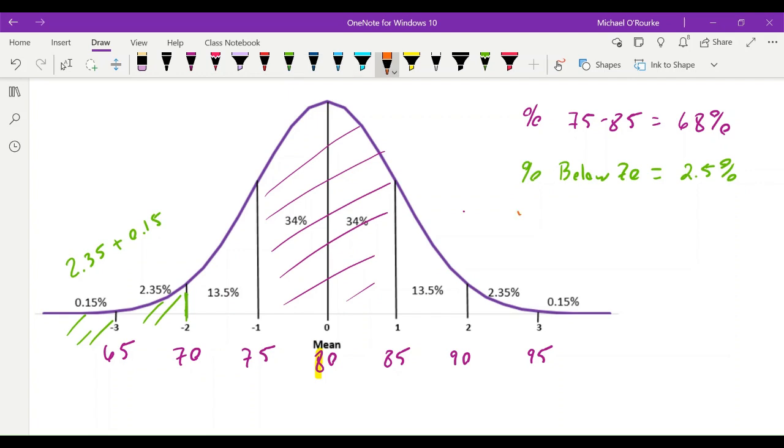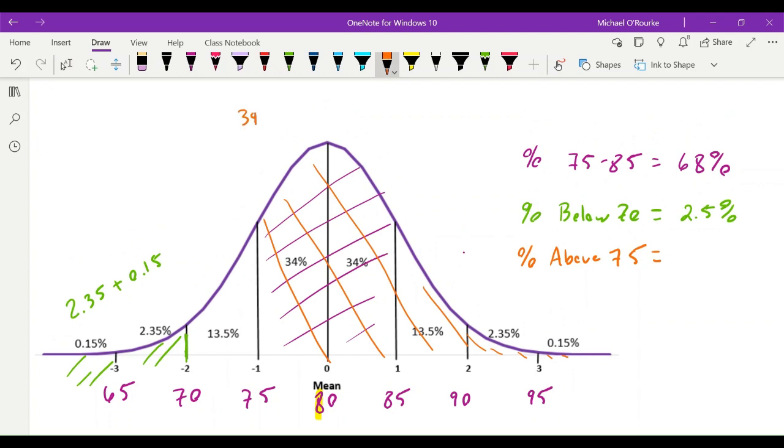So let's go, what percent got above a 75? So above a 75 would be all this section up here. So that would be 34 plus 34 plus 13.5 plus 2.35 plus 0.15.